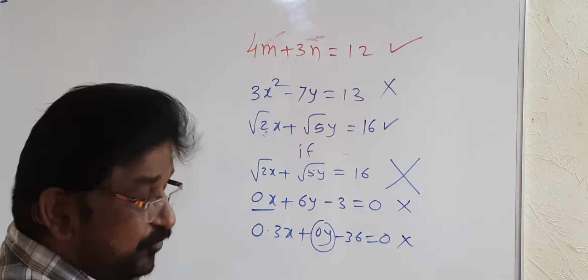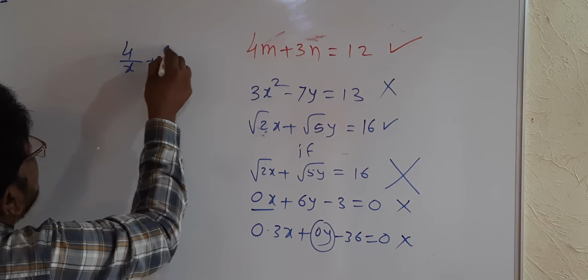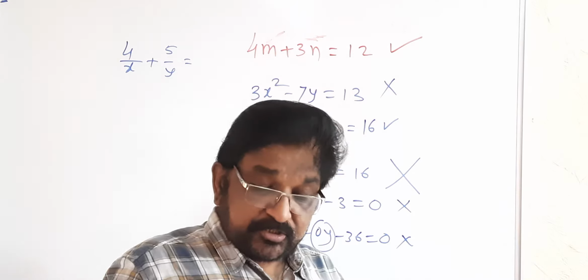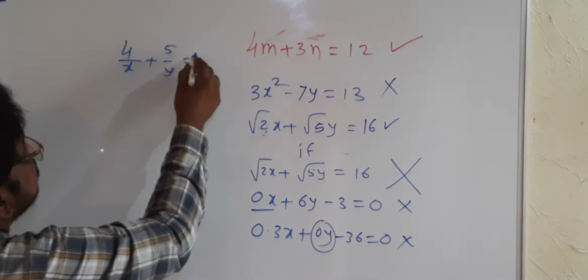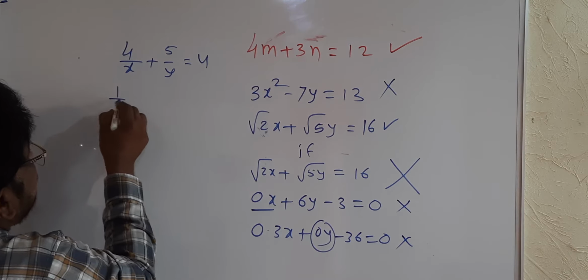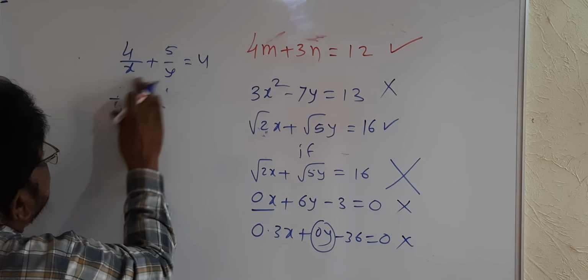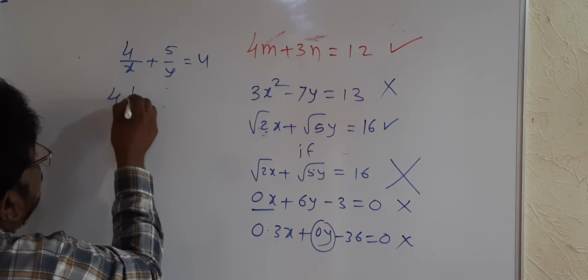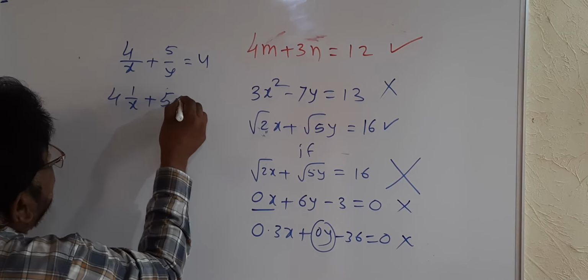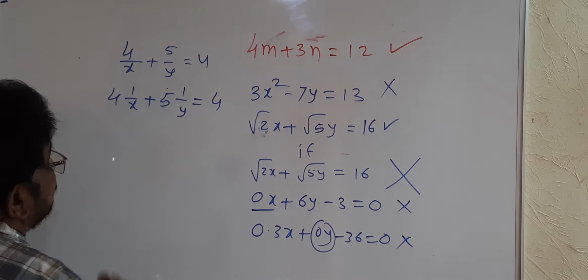Next one is 4 upon x plus 5 upon y is equal to 4. This can be written as 4 times 1 upon x plus 5 times 1 upon y is equal to 4.